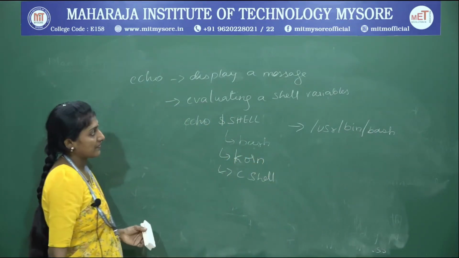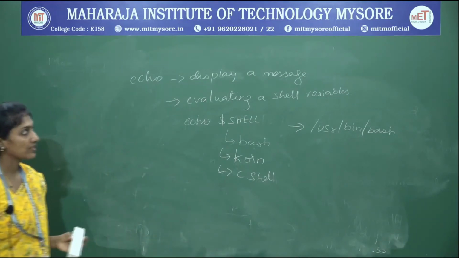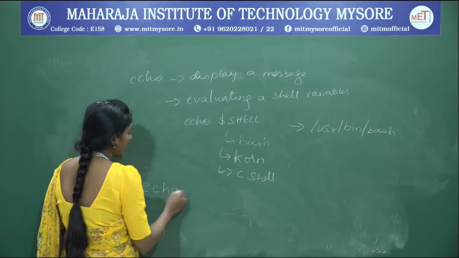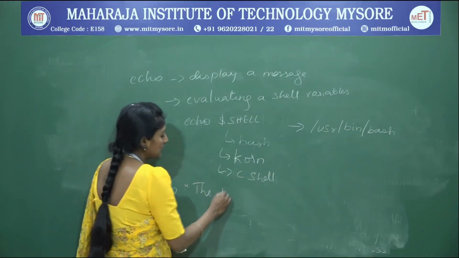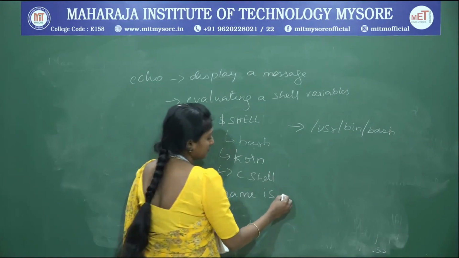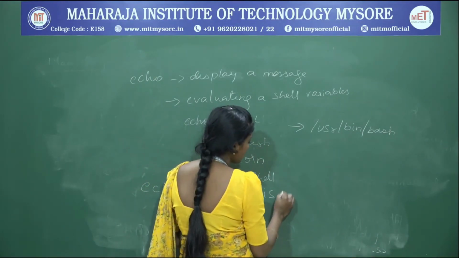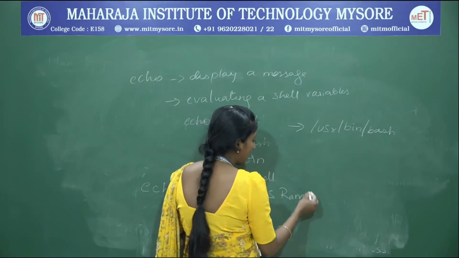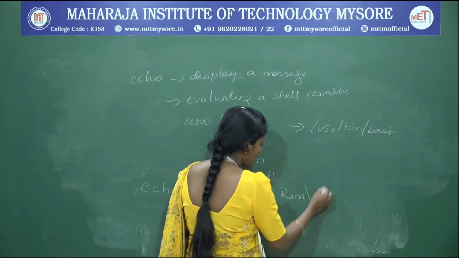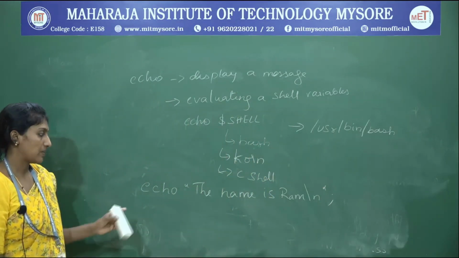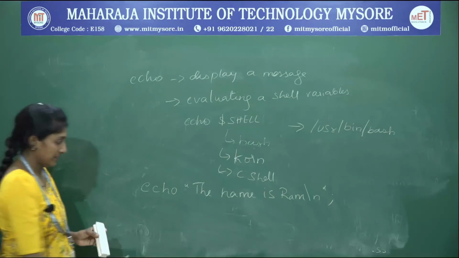And as I have already specified, one usage is displaying a message. While displaying a message, I might have given echo, the name is Ram, with the \n escape sequence at the end.